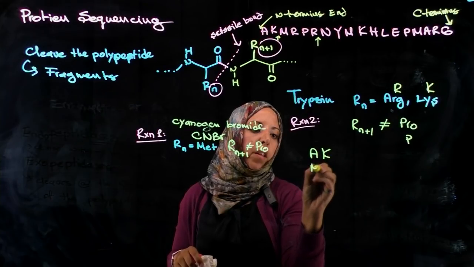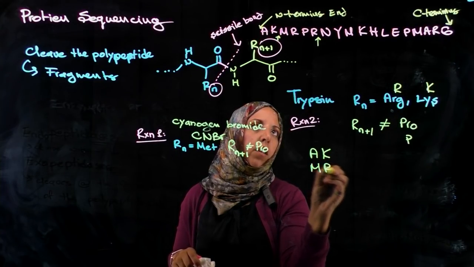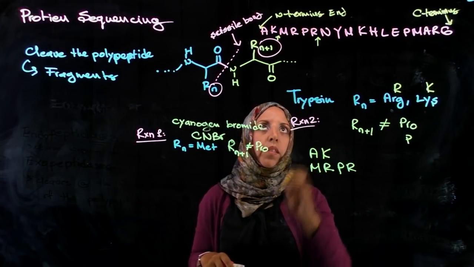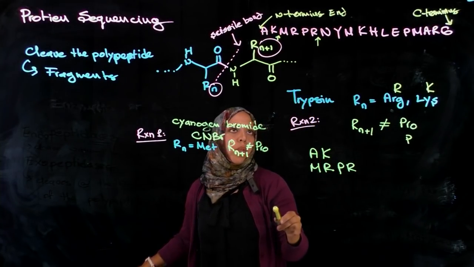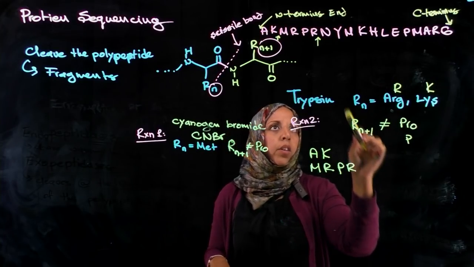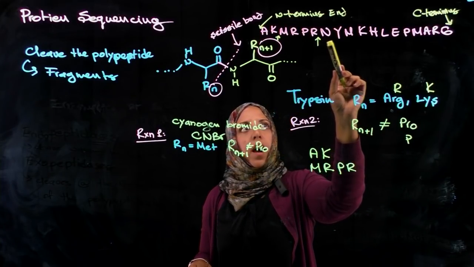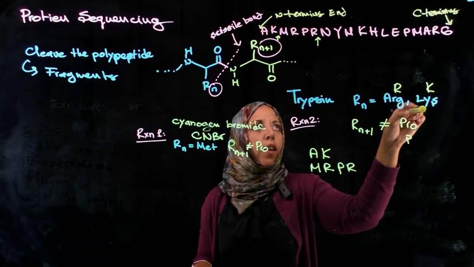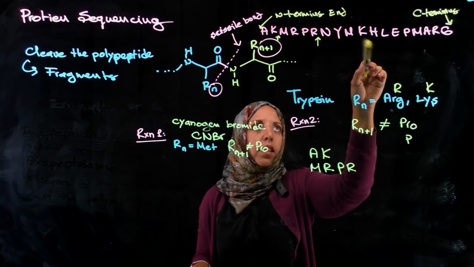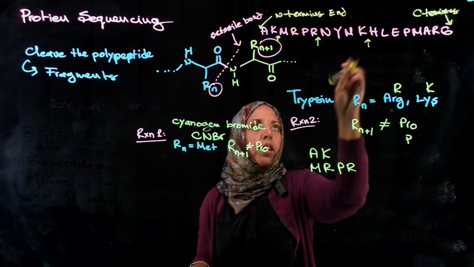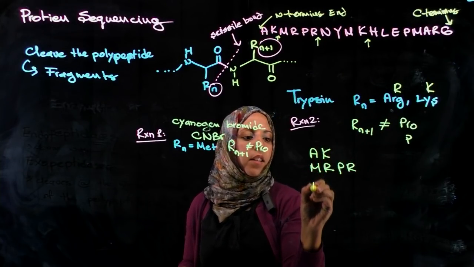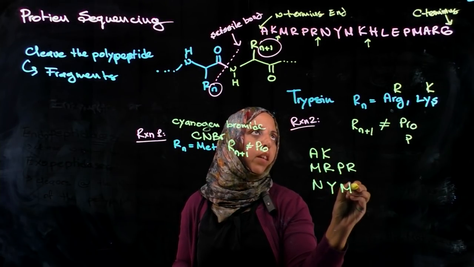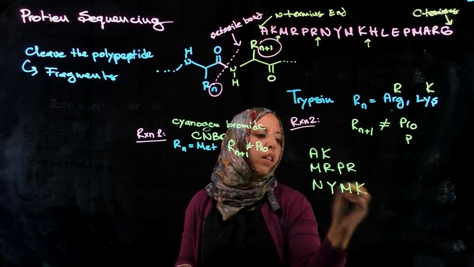Methionine, arginine, proline, and arginine. That's our second fragment. And then we can keep on going. So we have aspartic acid, tyrosine, methionine, lysine. After lysine, the next one is histidine, so it will cleave right here, and the fragment is aspartic acid, tyrosine, methionine, and lysine.